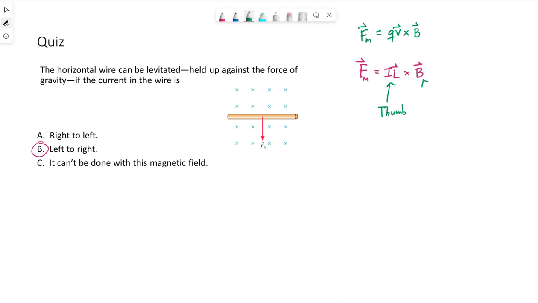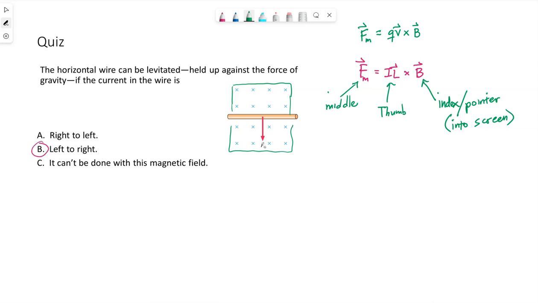Our pointer finger or index finger will always point in the direction of the second vector in the actual cross product. In this particular case, we know B points into the screen. And we know that because of these X's that have been drawn. There's something creating a magnetic field in this region. So those X's represent into the screen. The result is always our middle finger.